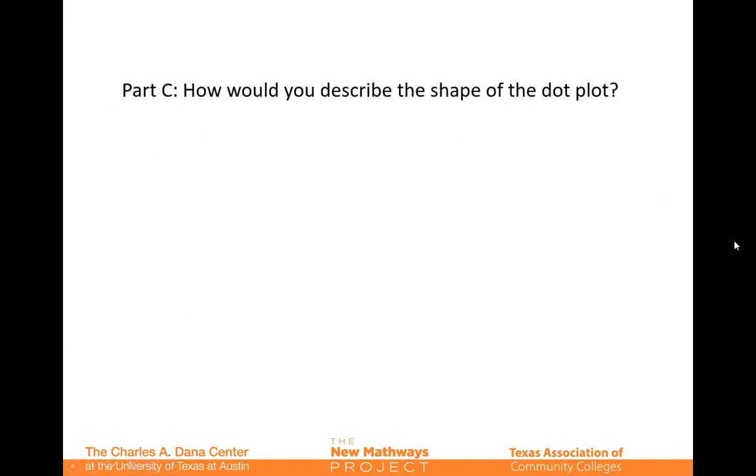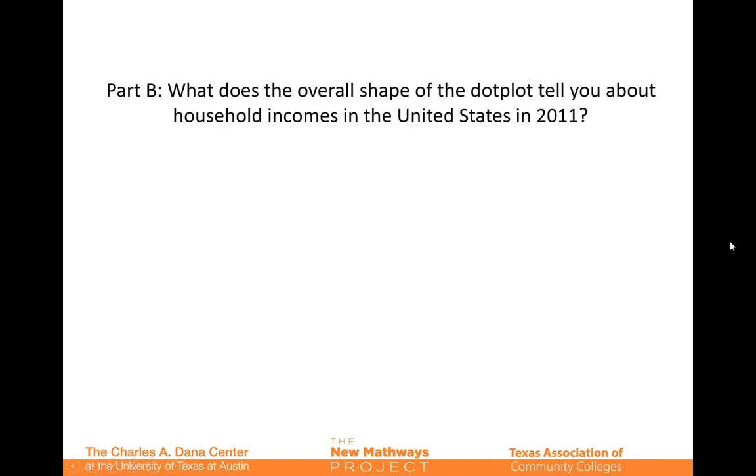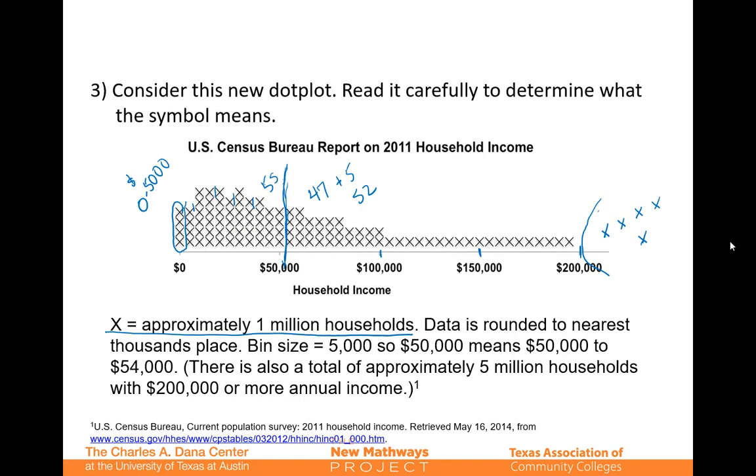How would you describe the shape of the dot plot? You can see we actually have more data points to the left than we have on the right. This is described as being skewed right.